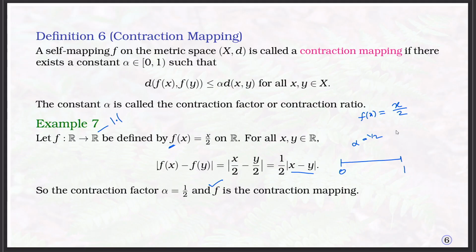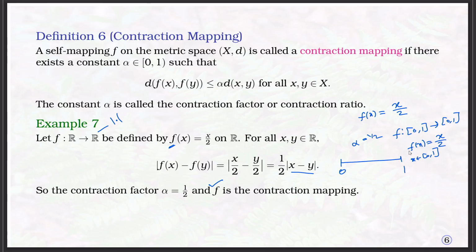If you define the function f from 0 comma 1 to 0 comma 1, where f of x is defined as x by 2, what it does is, if you apply it to any point in 0 comma 1, it will be reduced by half. So 0 will map to 0 and 1 will map to the point 1 by 2.